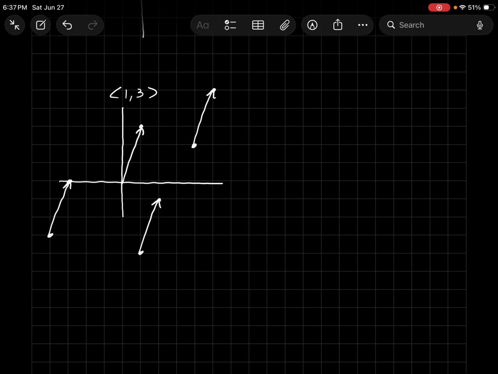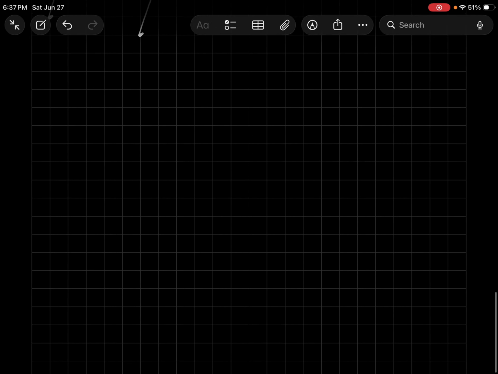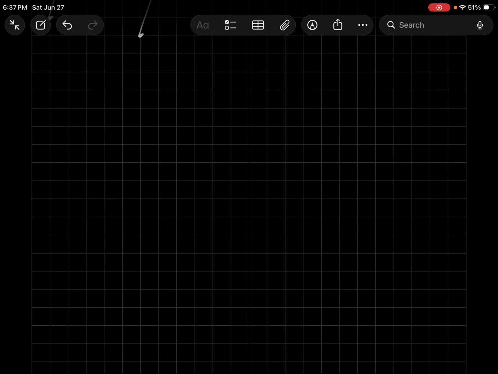The other thing that I implied, very highly implied, was how do we add two vectors algebraically? So when I did the problem 3i minus 2j, what I really did was 3 times the vector i, remember this is 1, 0, minus 2 times the vector j, which is the vector 0, 1.